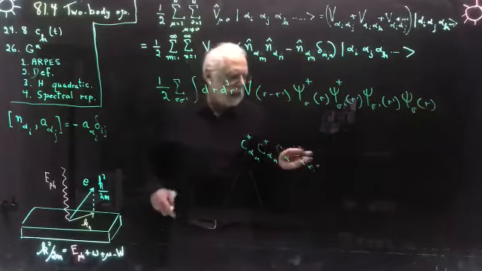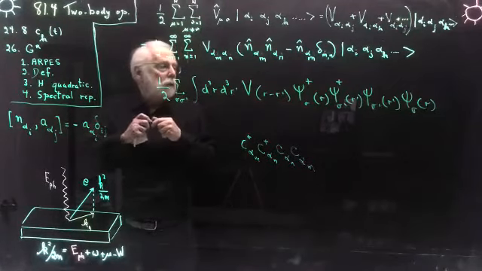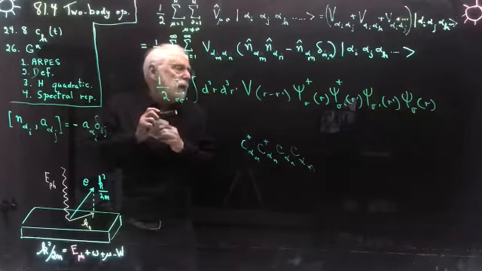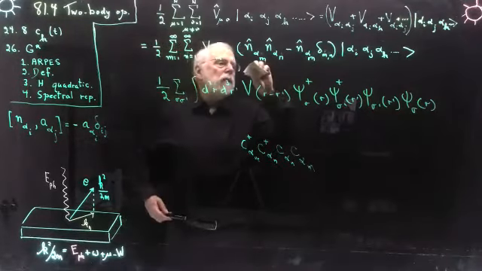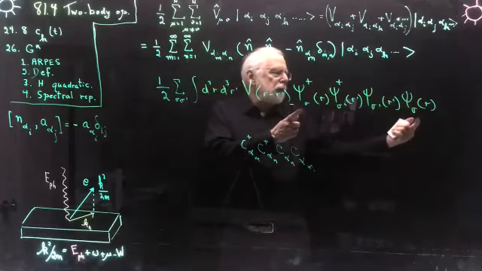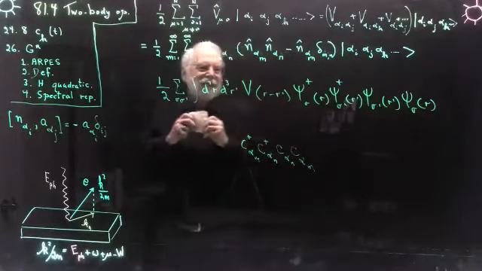So this is in the same order as here. So that's the Coulomb interaction, because the density operator n is just psi dagger r psi r. So if I just do this correspondence, that's what comes out.